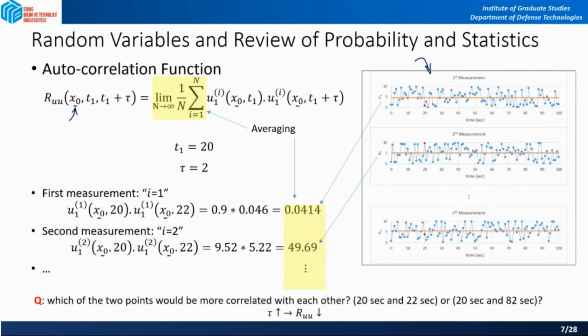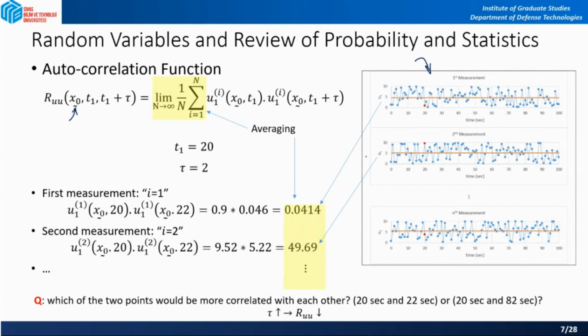If I select tau equal to 2, it means that I am shifting each signal. So the first measurement signal, for example, I will shift it 2 seconds. And then again, I have to shift the second measurement signal by 2 seconds. So for each one, I can calculate the autocorrelation value.